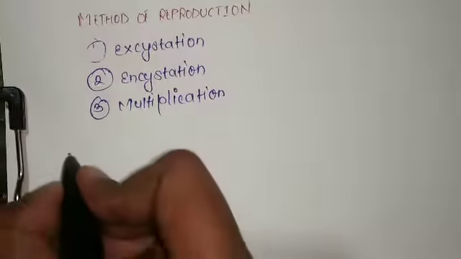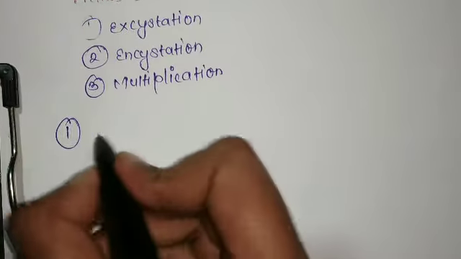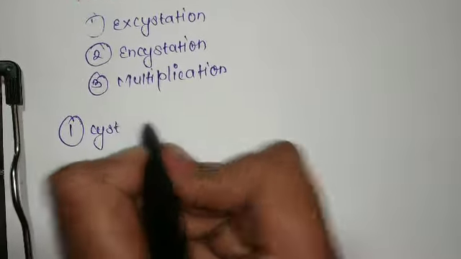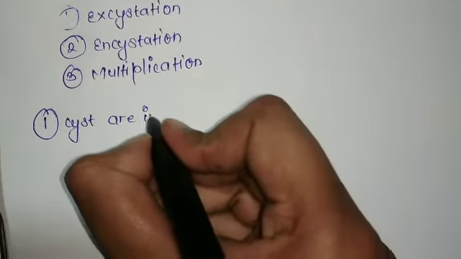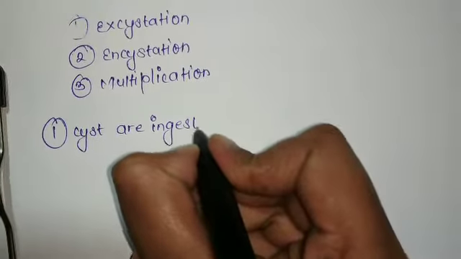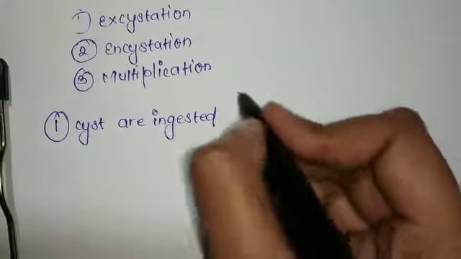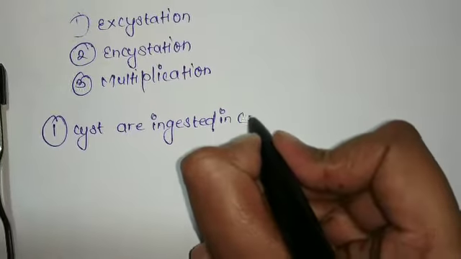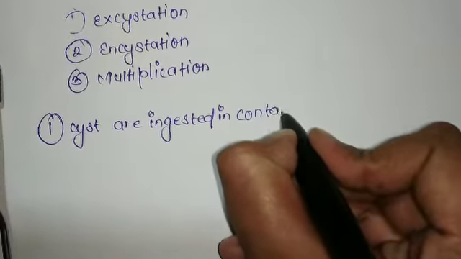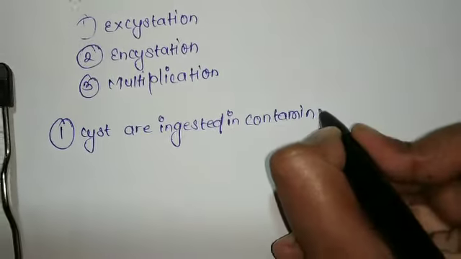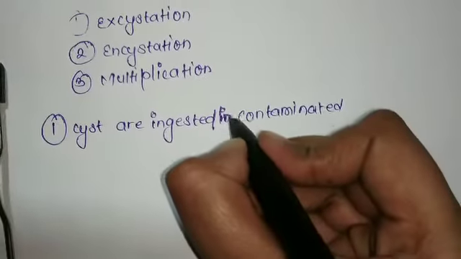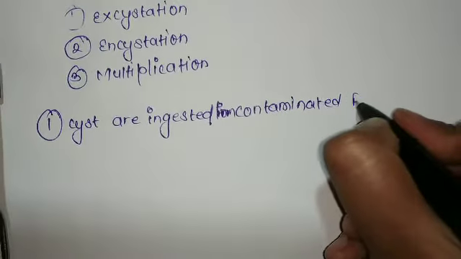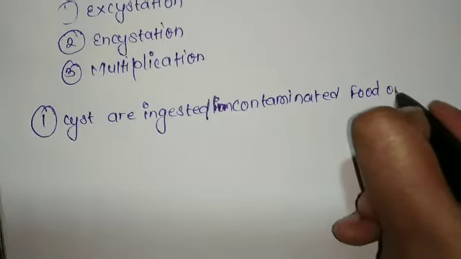So the first step in the reproduction is that cysts are ingested, from contaminated food or water.